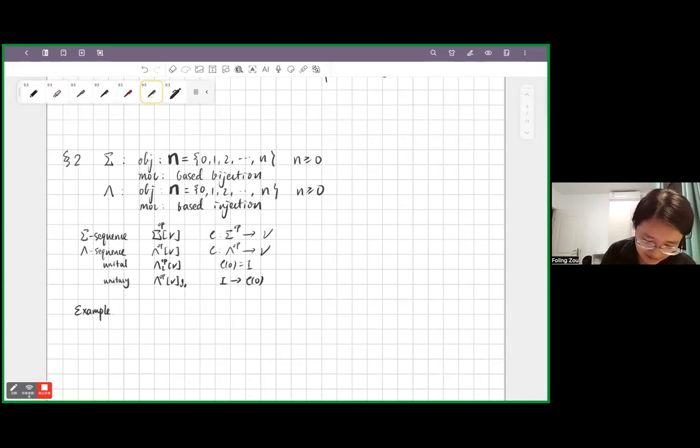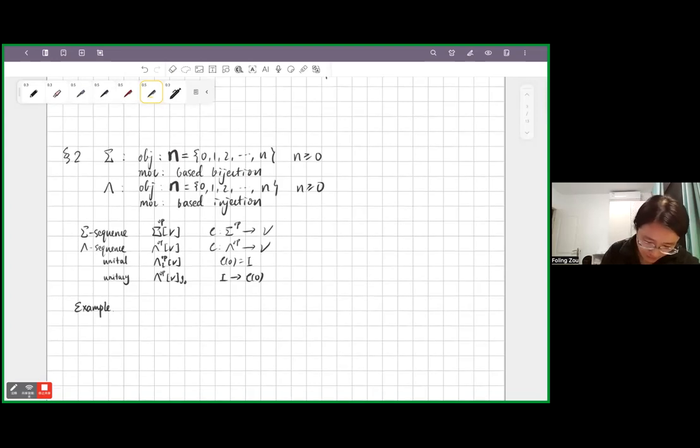And lambda is the category of finite based sets and based injections. So its objects are of the form n, and its morphisms are injections that send 0 to 0. And by a sigma sequence, we mean a contravariant functor from sigma to V, which we will write as sigma op V. And by a lambda sequence, we mean a contravariant functor from lambda to V.